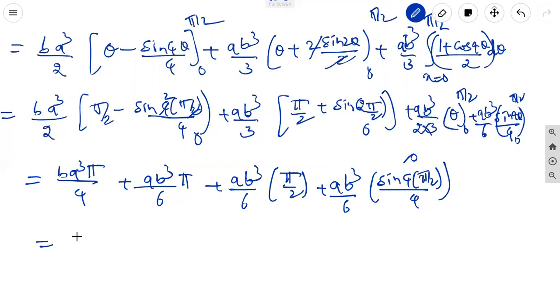It is equal to b a cube pi by 4 plus a b cube into pi by 6 plus pi by 12.